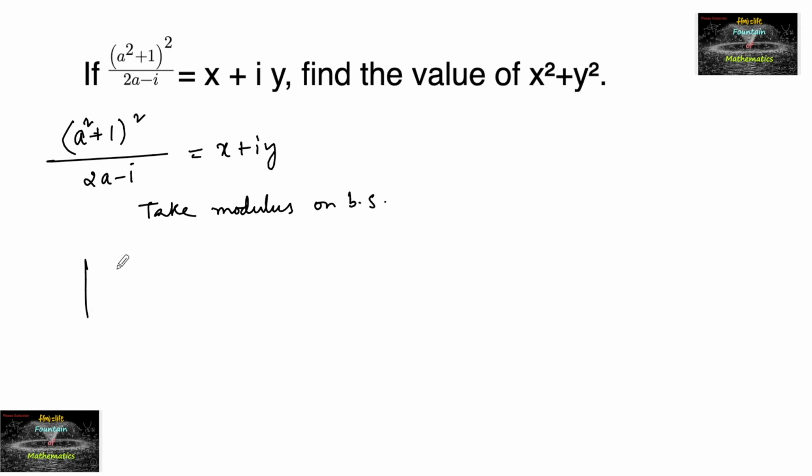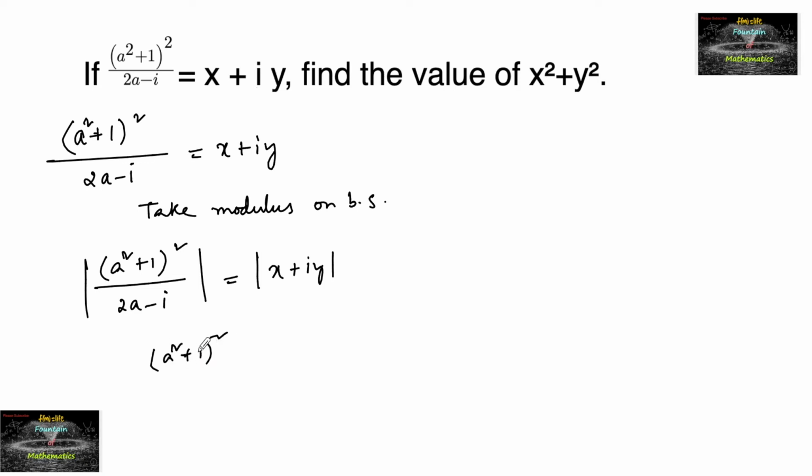So we have mod of (a square plus 1) whole square upon 2a minus i equals mod of x plus iy. So we have (a square plus 1) whole square upon, modulus of 2a minus i, which is nothing but under root of (2a) whole square, that is 4a square, plus (minus 1) whole square, which is 1, equals root over x square plus y square.